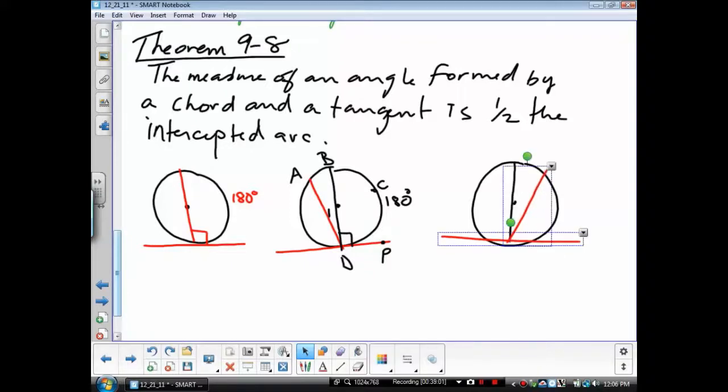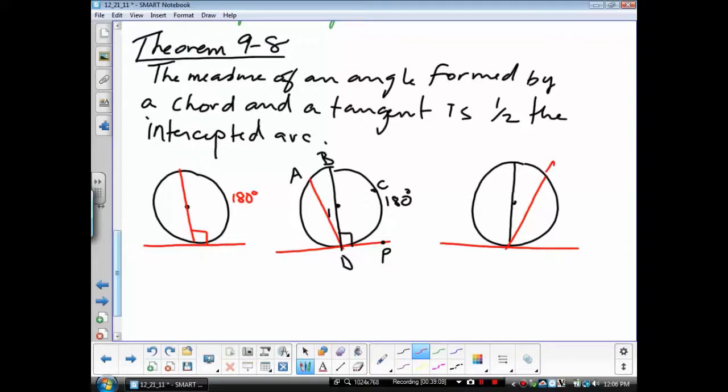We know that we're working with angle 2 here, which is half of arc DA, and we're working with a 90-degree angle, which is half of 180. This whole thing is 180, as is this. And then to show that angle 1 is half of that remaining arc.